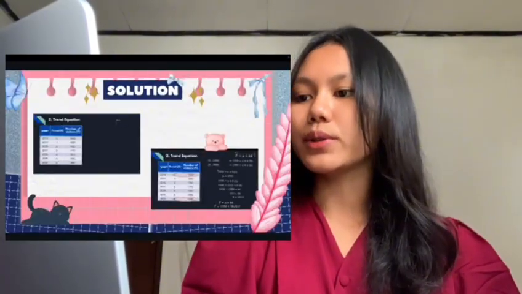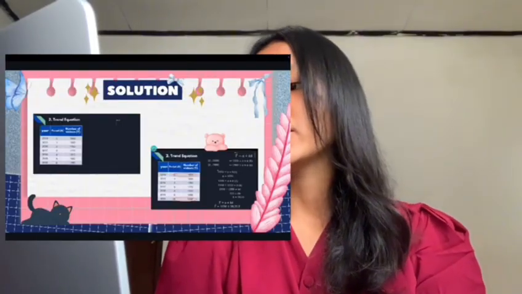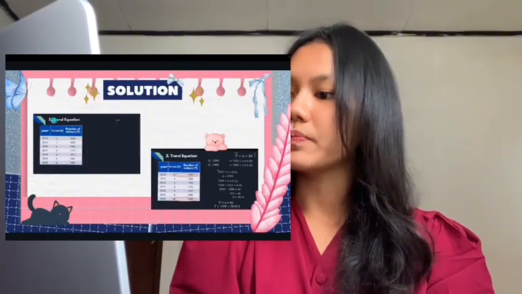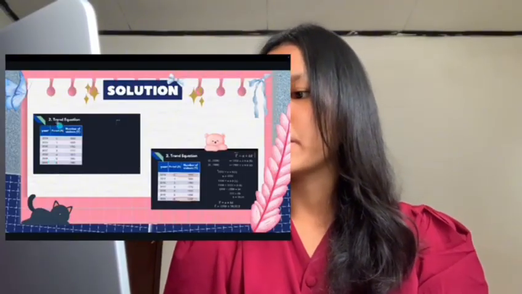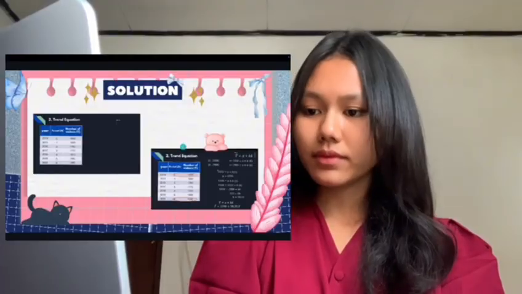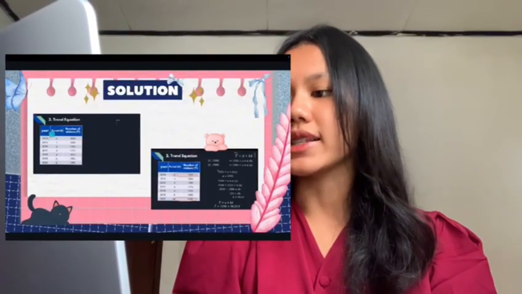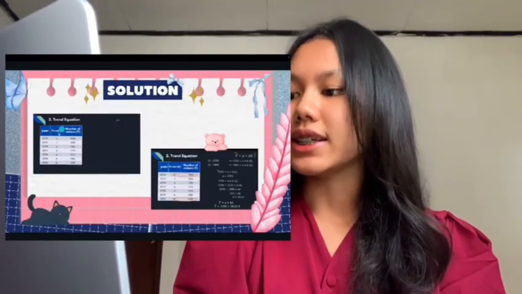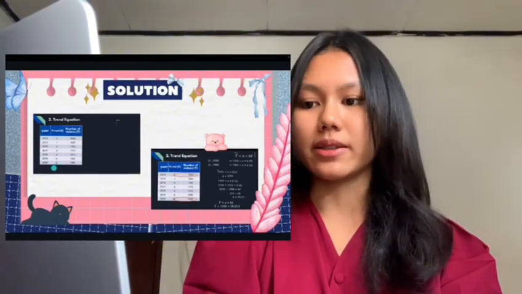And number 2, this is the solution of the trend equation. As you can see, this is the table with the period, or x, and we get 0 in 2014 and until 6 in 2020.